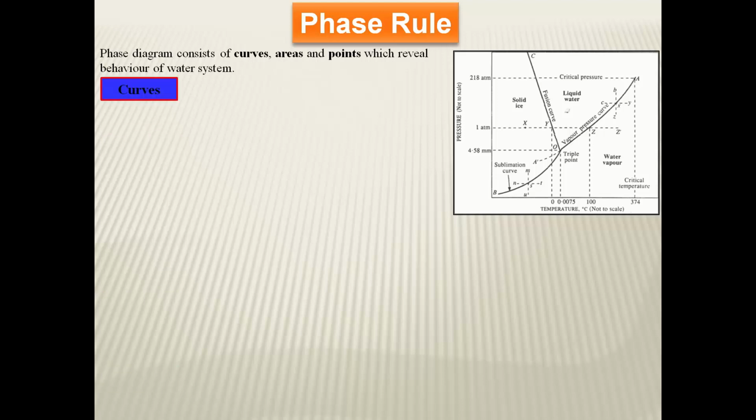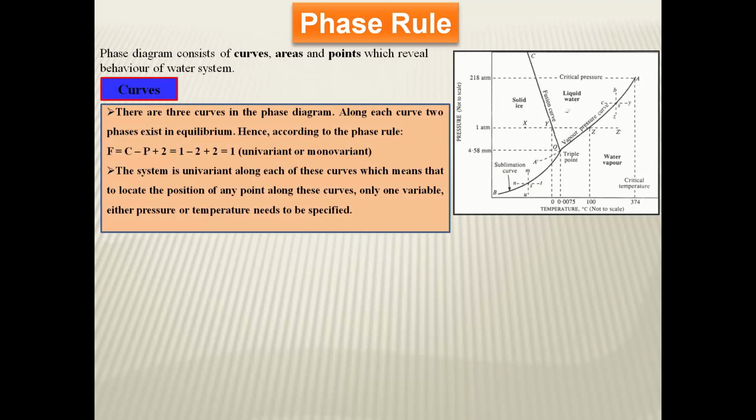First, taking up the curves. There are three curves in the phase diagram, as we can see here. First curve is the curve AO. Next is OC and the other is OB.